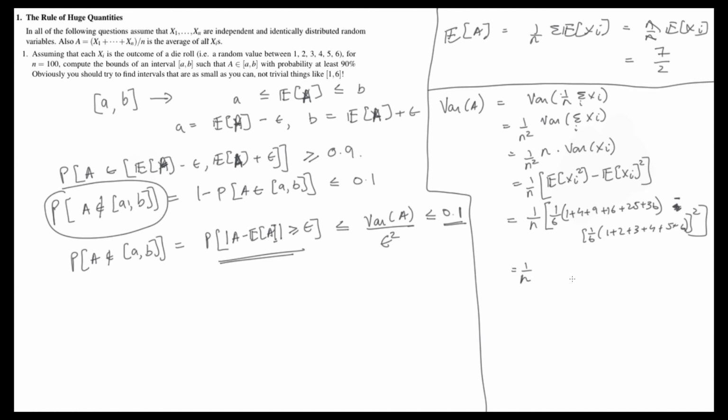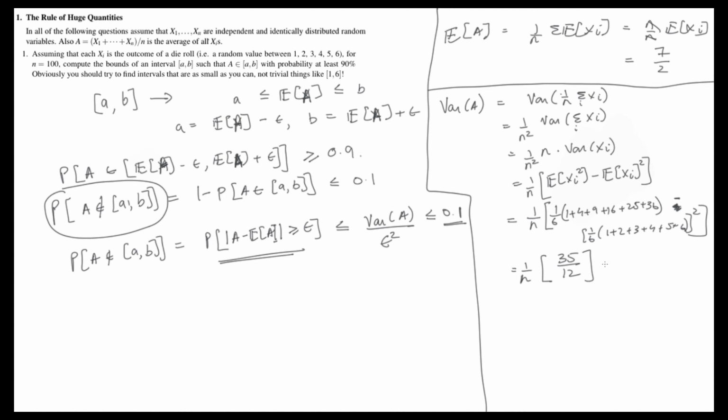which is equal to 1 over n times, I think that comes out to be 91, actually, one second, well, this entire thing comes out to be 35 over 12. I've already calculated that, and it's just basic algebra, so I really don't want to do that again.